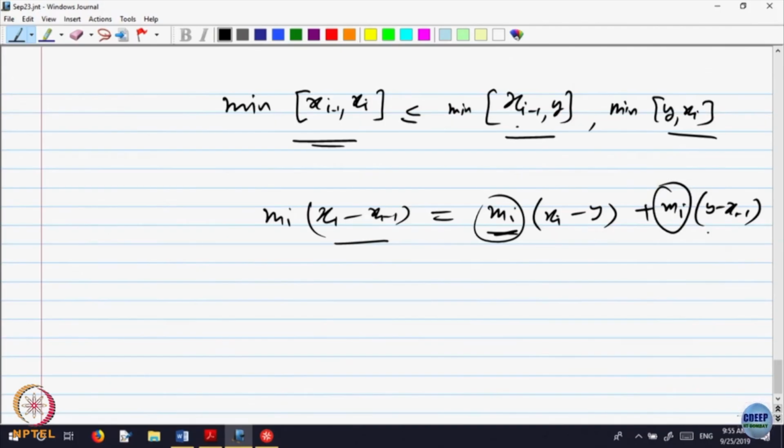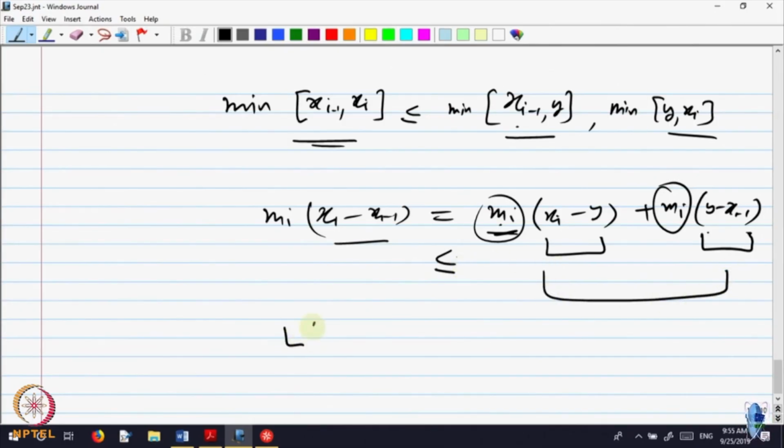Are you following? For the minimum with respect to q, I have to look at the base. This is a base, but the minimum in the smaller interval is bigger than or equal to it, right. So this m_i will be smaller than the minimum in the smaller interval, so this will give you less than or equal to, and those will be the terms coming in the lower sum, okay.